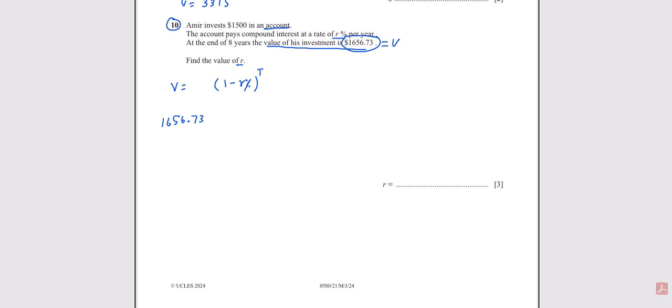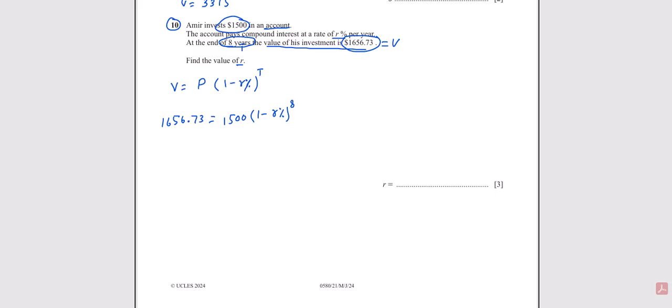Find the value of R. We use formula V is equal to P into 1 minus R percentage over 100 power T. So V, the value of investment, is 1656.73, is equal to P, 1500, 1 minus R percentage, and T is 8.